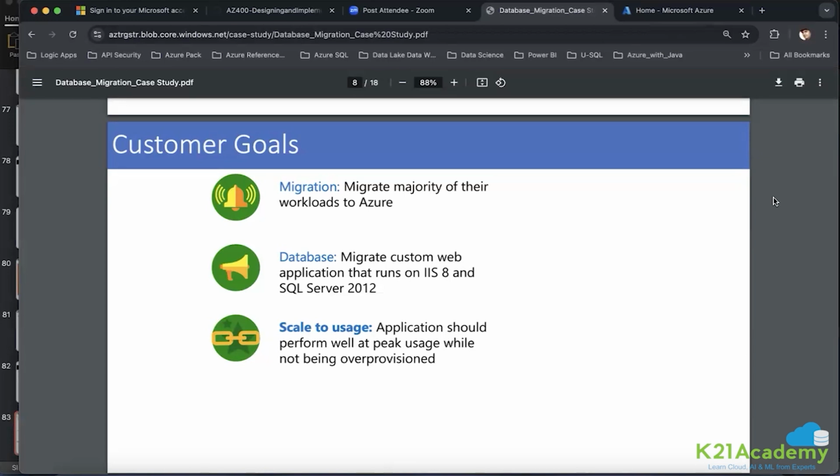We need to come up with a recommended approach: what standard services they can go with, what approach they can follow, and with migration also taken into consideration, right?